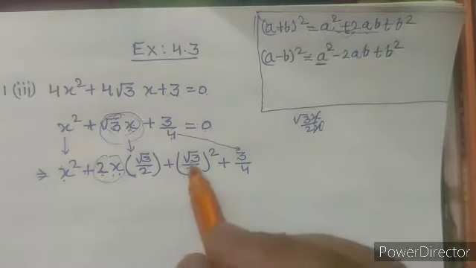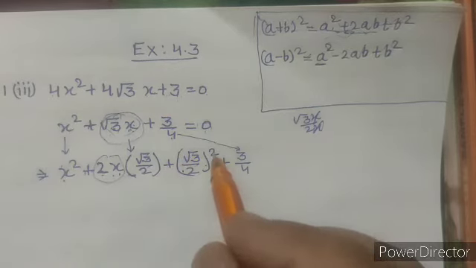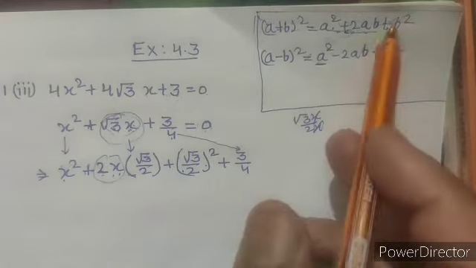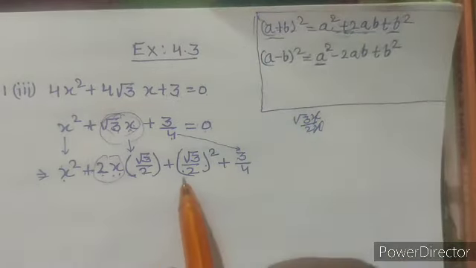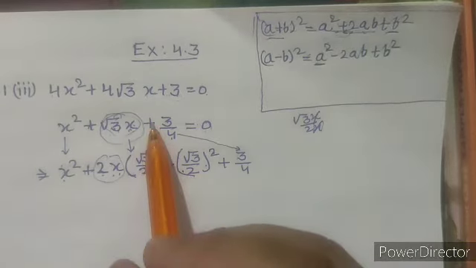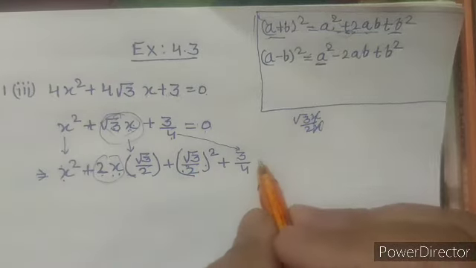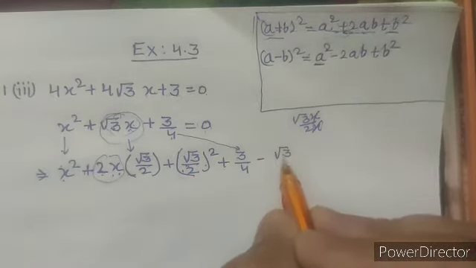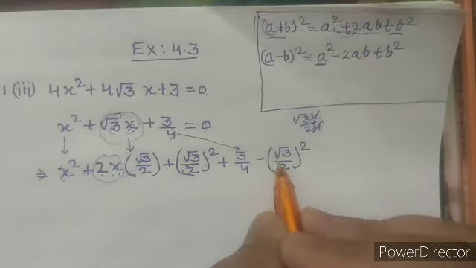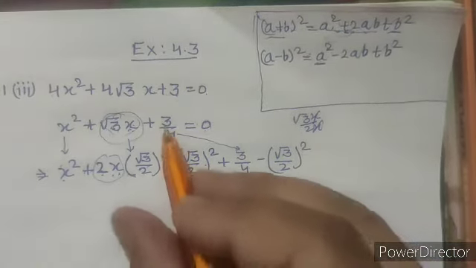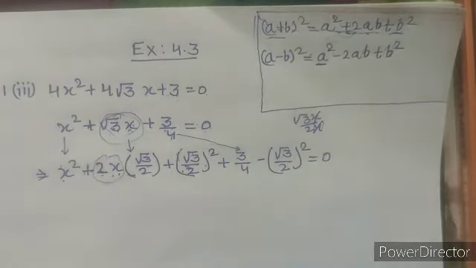There is one extra term which we have written here, that was (root 3 by 2) square, as we need b square to convert it into the form of (a plus b) square. But the question should not change. Therefore we will eliminate this (root 3 by 2) square from the equation, so that the value of the quadratic equation does not change, and that was equal to 0.